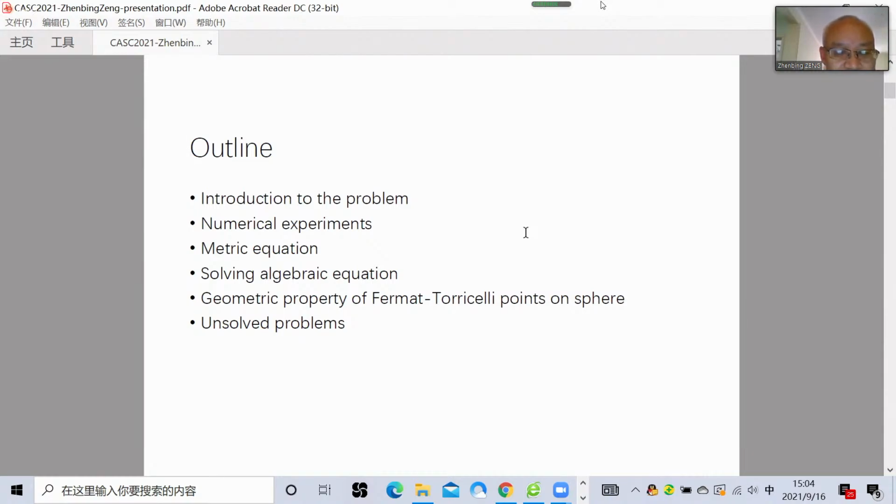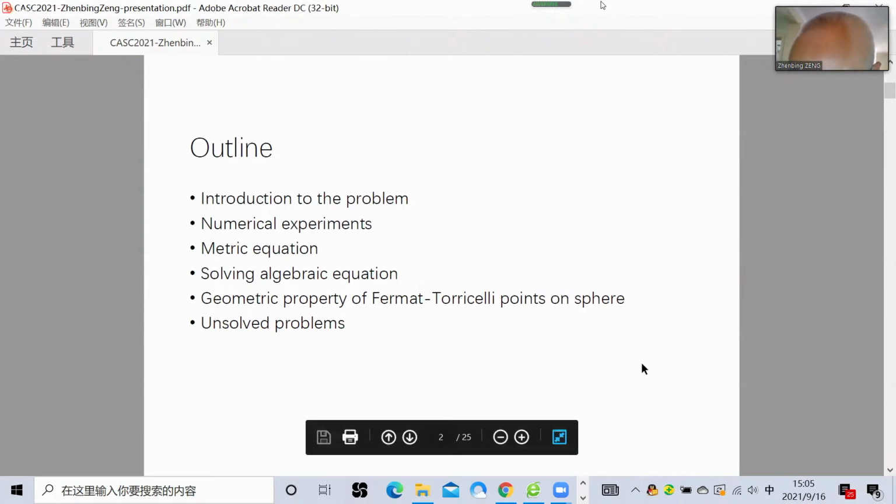The fourth step is the sketch of solving the algebraic equation. Then we will see something about the geometry property of the points we are discussing. Finally, we show some solved problems.